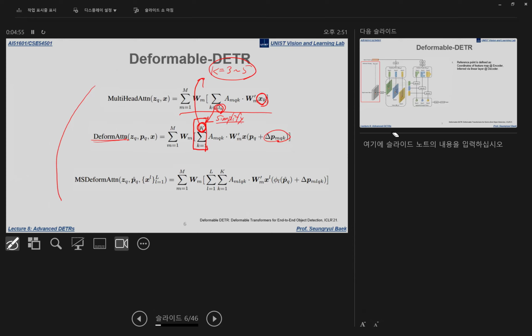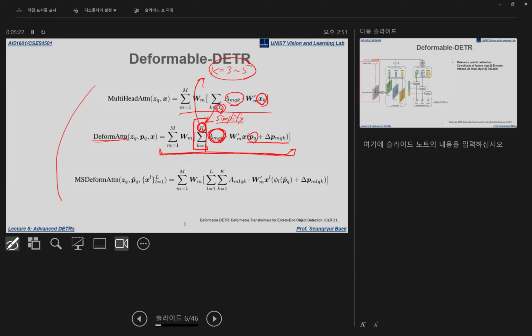Not considering all the dense 2D feature pixels, we will consider only the value vectors which are nearby to the query pixels. And also, another change is made here.